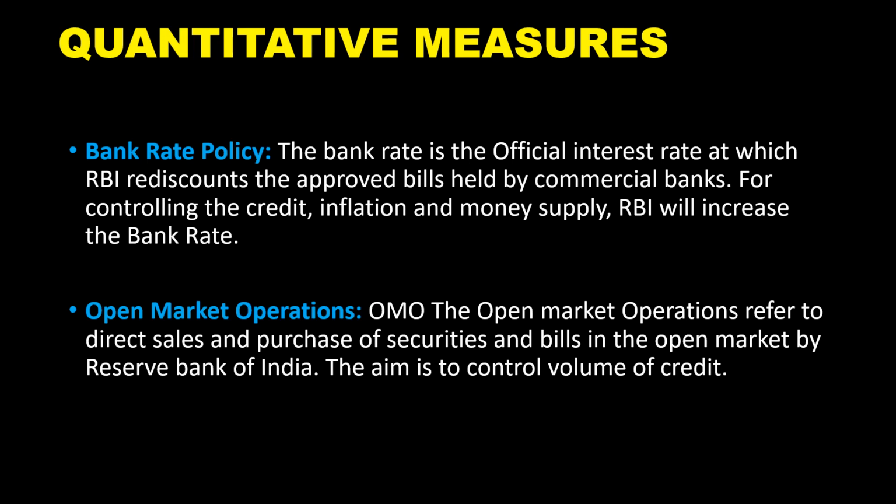Okay, but in bank rate you are taking a loan. That means commercial banks are borrowing money from the RBI, but in this case commercial banks are not pledging any securities, without any pledging. Okay, without any collateral you are taking a loan. That is the only difference between bank rate and repo rate. Please understand this.